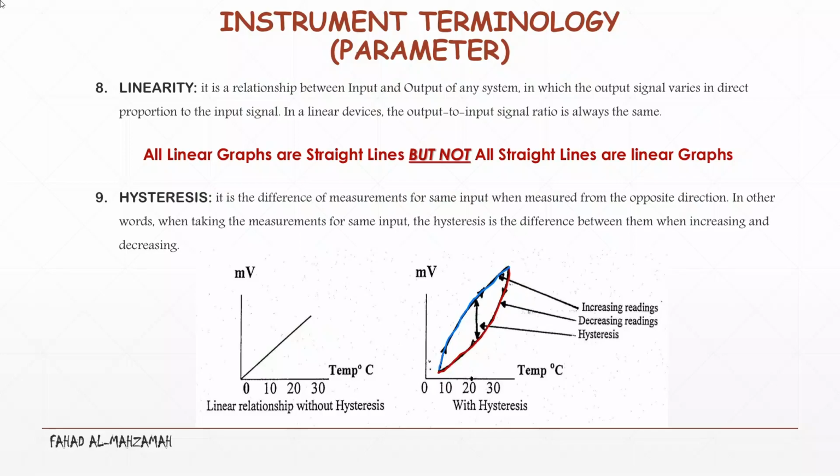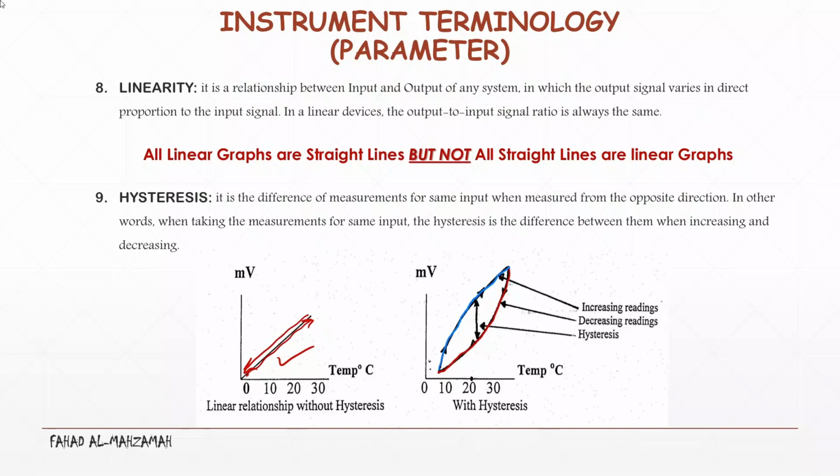If there is no difference when going from minimum to maximum and maximum to minimum, you will get a line like this, so going up or going down you have the measurements at the same values.